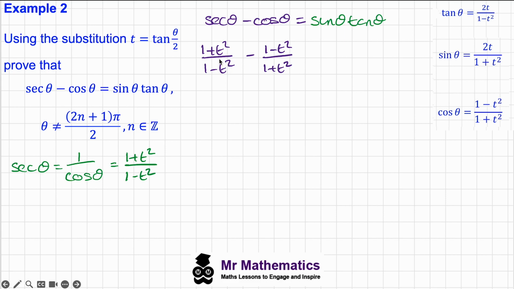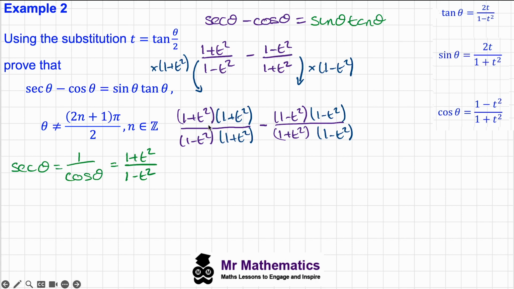Now we have to work out the difference between these two fractions, but to do this, we need a common denominator. So we'll multiply this fraction by 1 plus t squared, and we'll multiply this fraction by 1 minus t squared. When we do this, we get a common denominator. We also get 1 plus t squared multiplied by itself, and for cos theta, we get 1 minus t squared multiplied by itself.